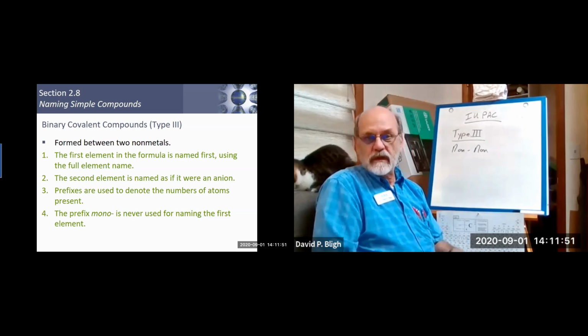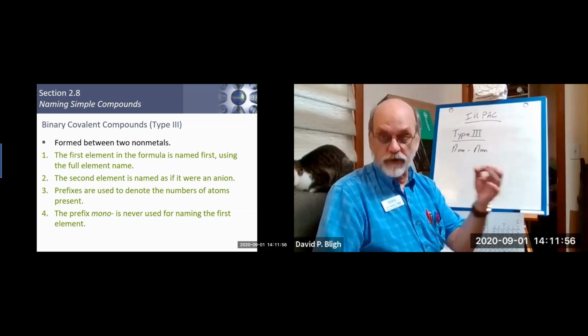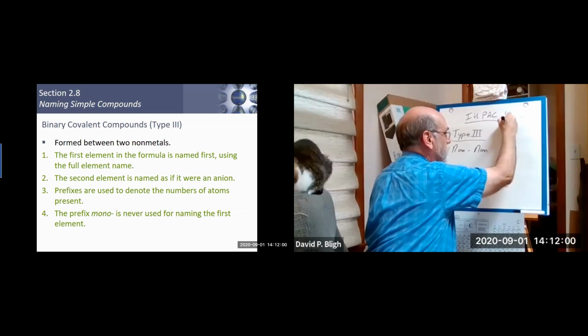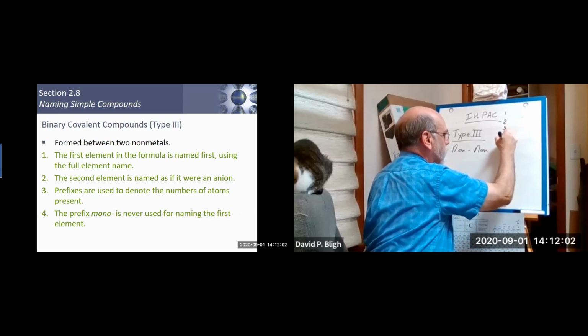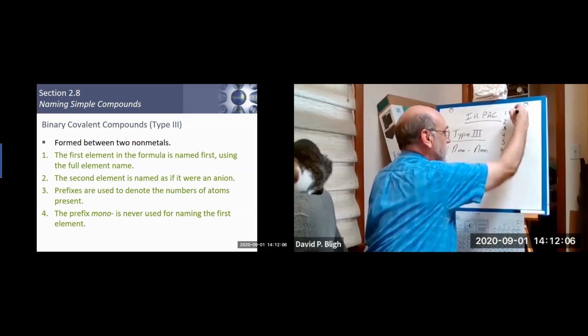And we use the Greek prefixes for numbers, 1 through 10. So 1, 2, 3, 4, 5, 6, 7, 8, 9, 10. This is mono.